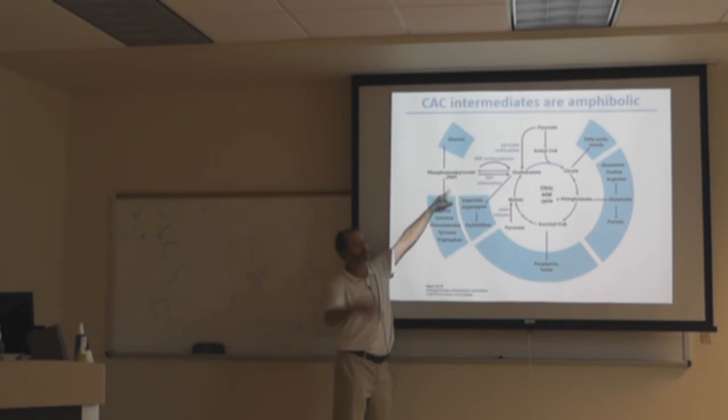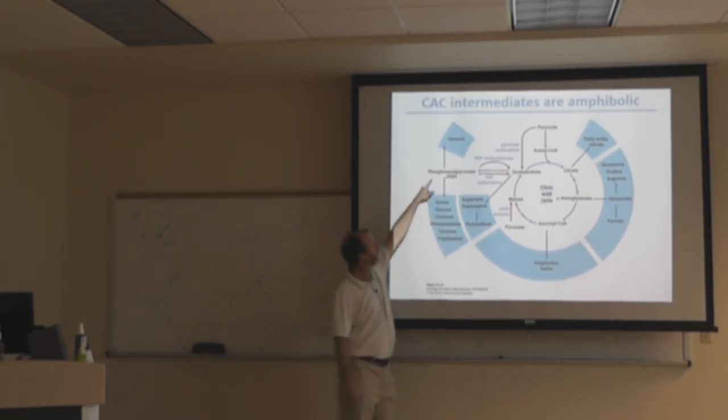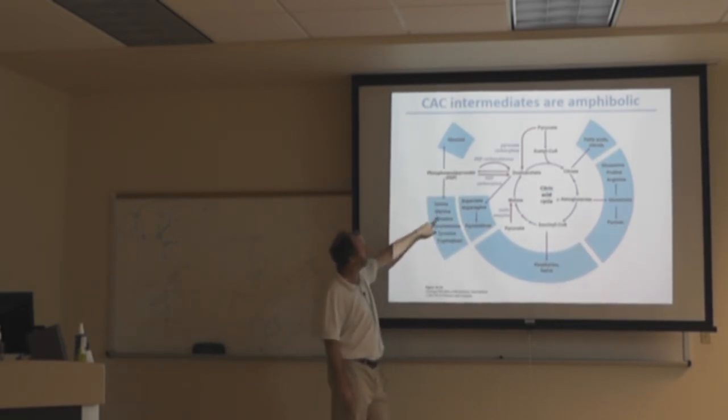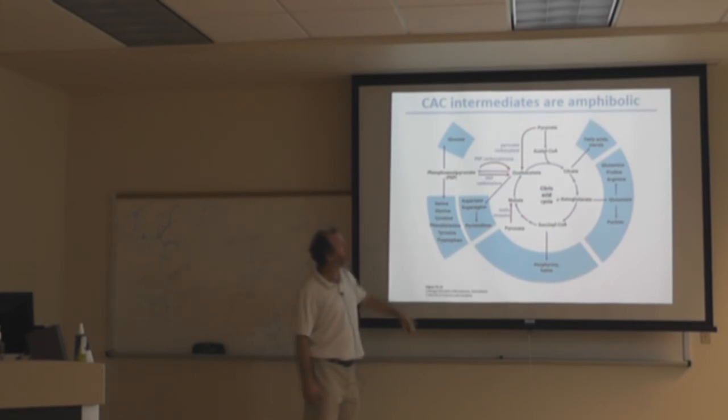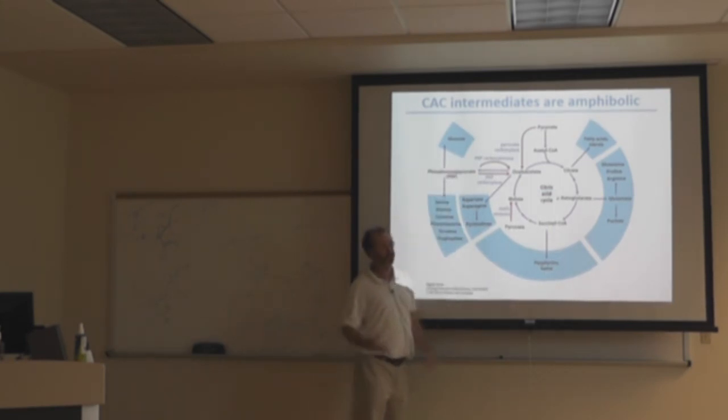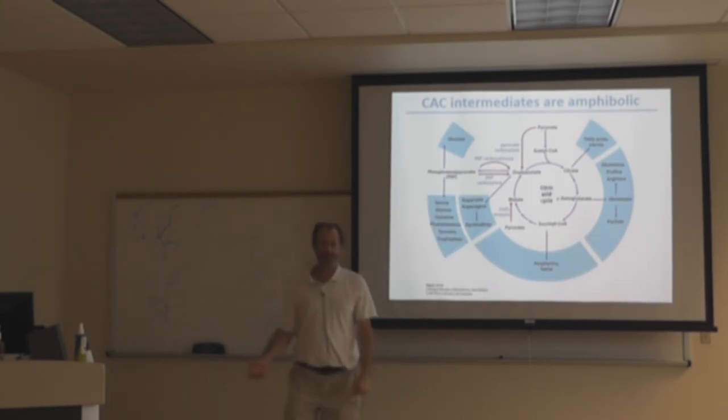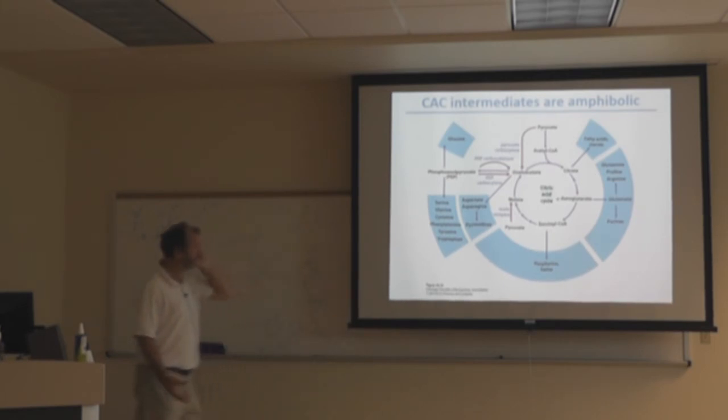Do you remember from gluconeogenesis? And then that phosphoenolpyruvate can form serine, glycine, cysteine, phenylalanine, tyrosine, and tryptophan, precursor for nearly all the amino acids. Or it can be used to form glucose and used as an energy source, stored as glycogen. So that's what they mean by amphibolic.